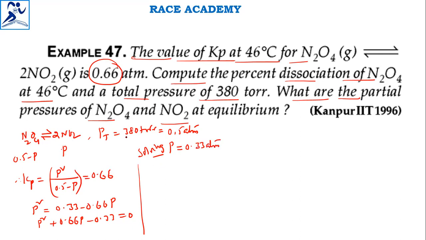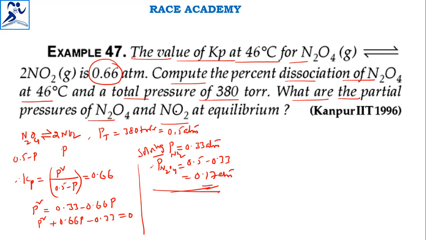P is the partial pressure of nitrogen dioxide. Therefore, the partial pressure of dinitrogen tetroxide is 0.5 minus 0.33, and you will get 0.17 atmospheres. So these are the partial pressures of nitrogen dioxide and dinitrogen tetroxide.